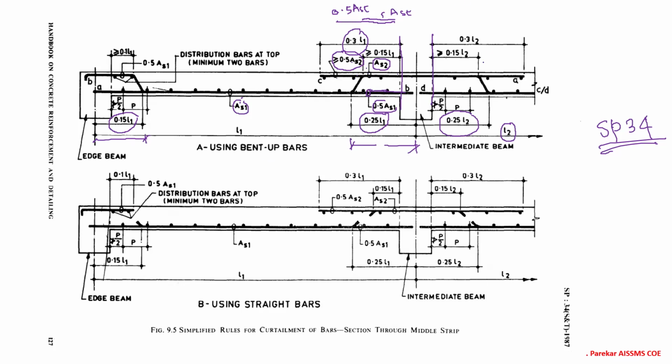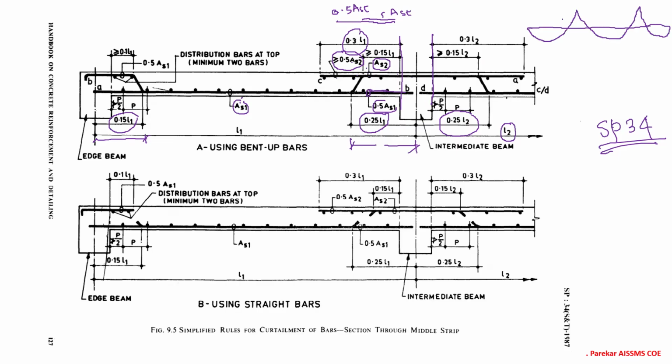Now, why are we providing this reinforcement at the top at the support? Because you should be in a position to draw the bending moment diagram. We have the bending moment diagram in this fashion. At the support we have tension at top, and in the span we have tension at bottom.